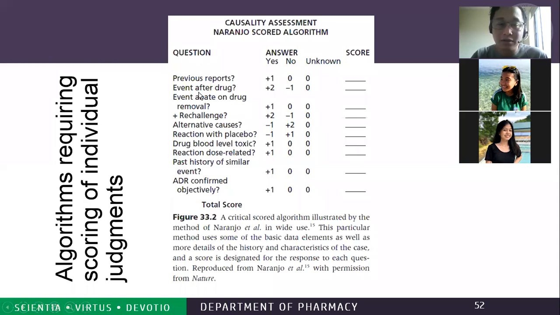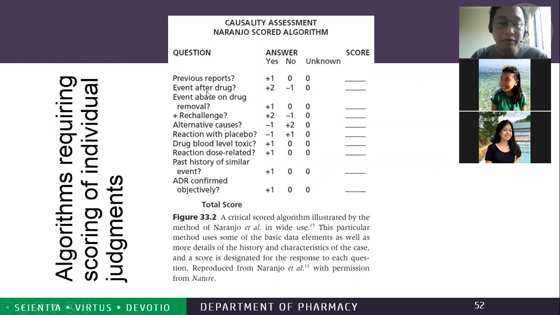In short, this is the algorithm by Naranjo. There are actually longer forms of the questions, but here is just the short one. This is not the original one. Previous report: yes, no, or unknown. If you answer yes, then you put the score +1 here.